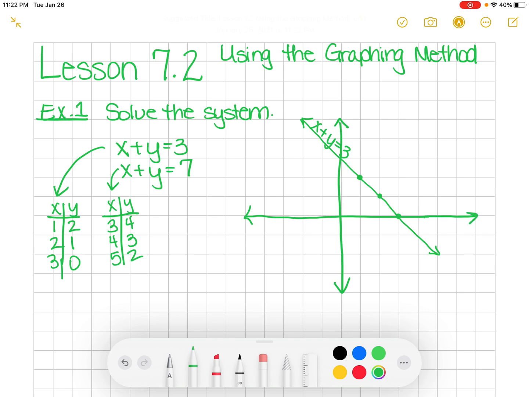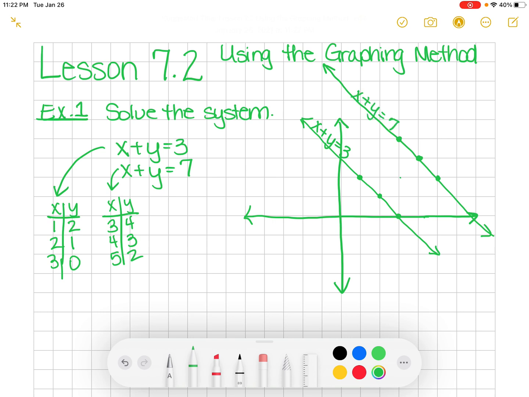Okay, so I have 3, 4. So 1, 2, 3, 1, 2, 3, 4. I have 4, 3, and I have 5, 2. Okay, so I'm going to draw this line, trying to be super careful. Okay, and this one is called x plus y equals 7.